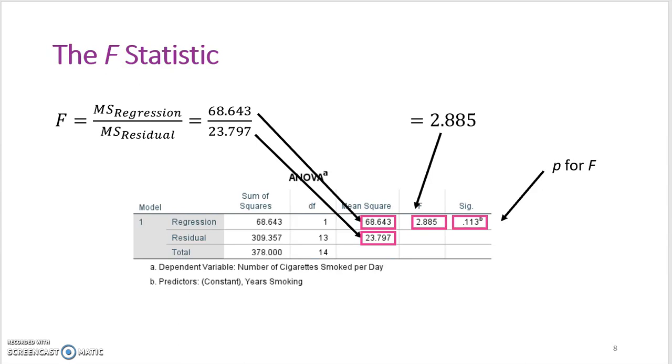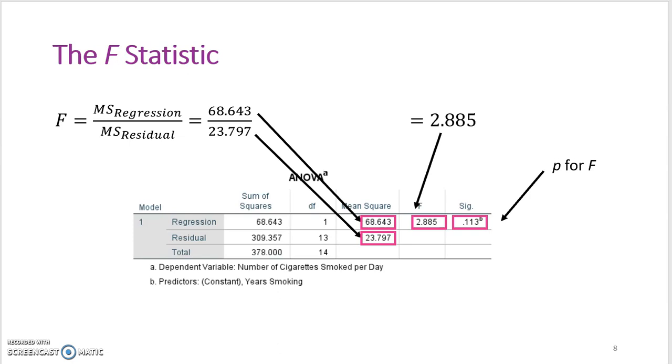Now, this is an observed F statistic value that would be compared to some critical F value. You could do this using an F table, but again, SPSS just does all of this for us. And next to the F statistic, which is the overall test of whether or not our augmented model is significantly better than our compact model, is the p-value, which is the same as for the regression coefficient.